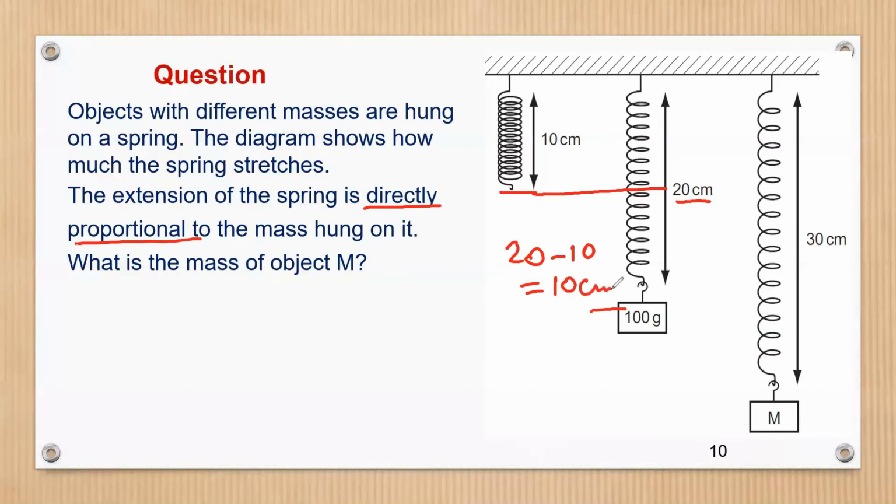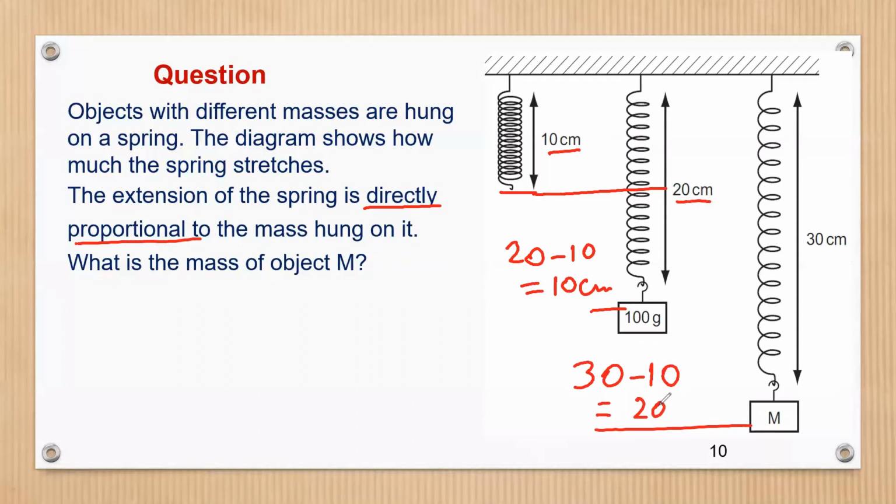In the second case, by adding mass M, the length of the spring is 30. What is the unstretched length? That is 10. So 30 minus 10, the second value of the extension is 20 centimeters.